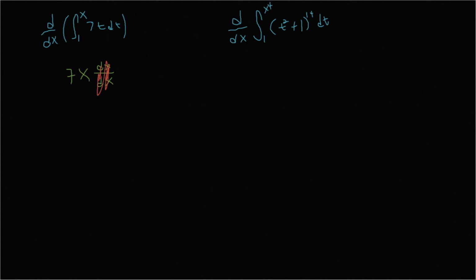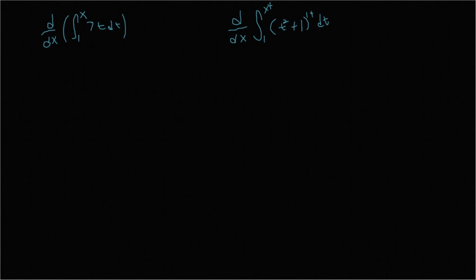So you could leave it as 7x. The derivative of an integral is the same thing with a couple of modifications. In this case, that modification is just a name change to the variable, because we were differentiating with respect to x, and we went from 1 to x. That one was easy enough.